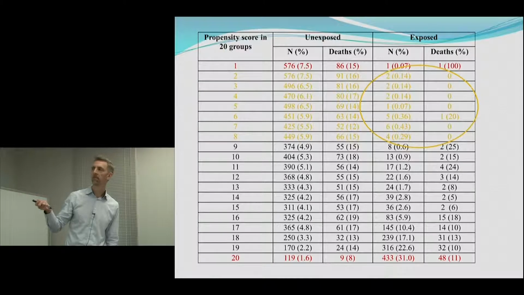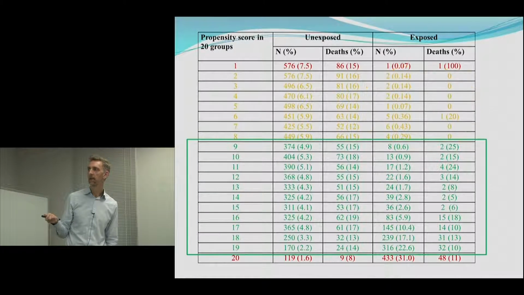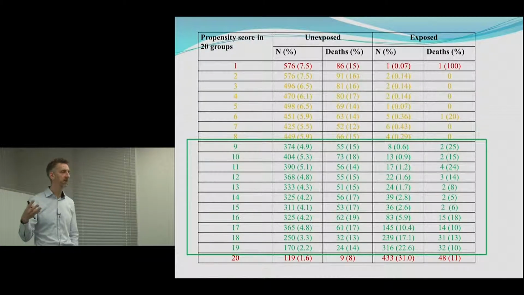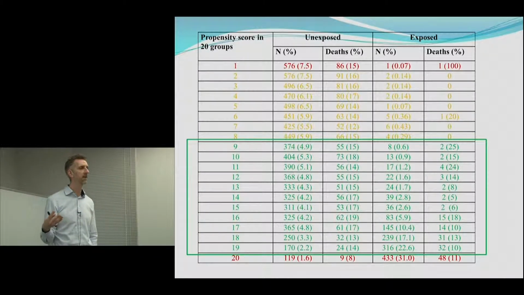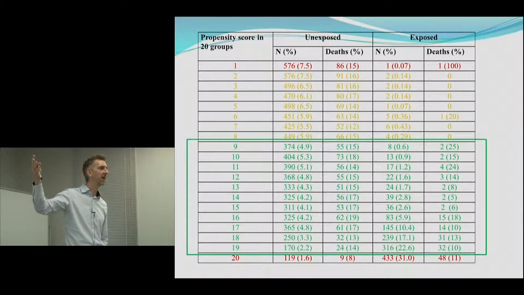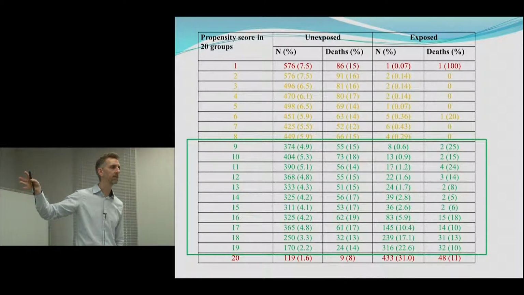So this doesn't seem to be a very useful comparison. It meant that our primary analysis population was then just the propensity score groups from 9 to 19. So if you imagine you were doing a regular cohort study and a multivariable analysis, this is quite different to what you would have as your primary analysis population in the final analysis.